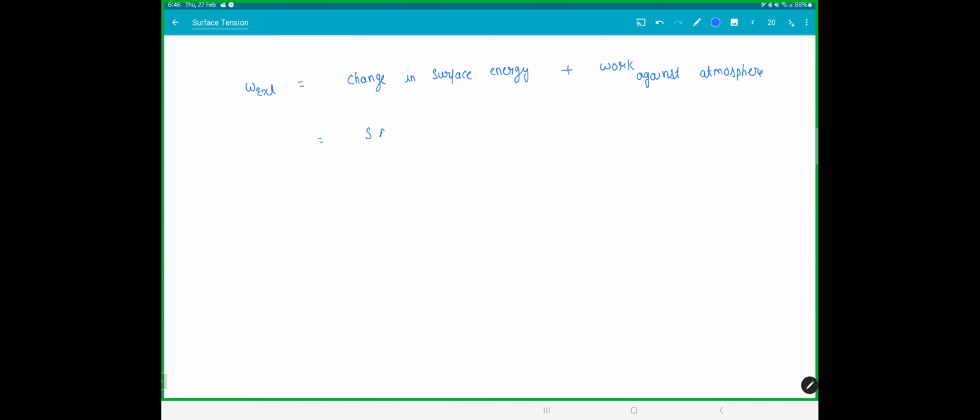So this is S into delta A plus P naught into delta V. It's a constant pressure, right?